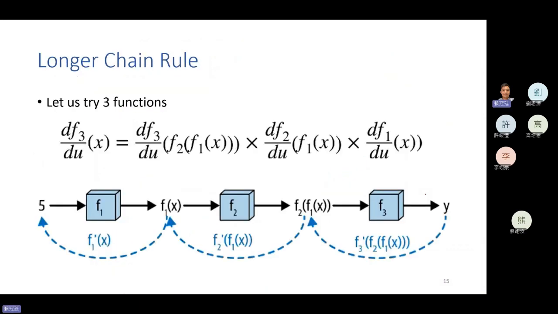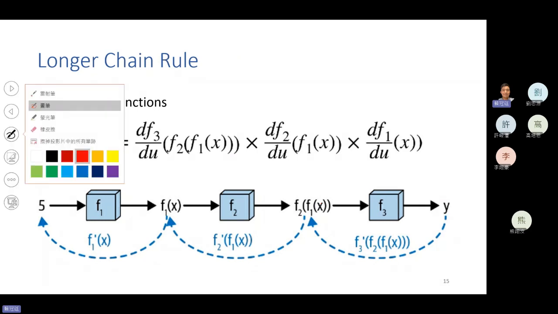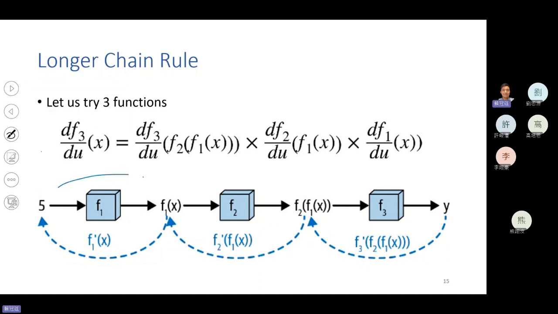So how about we implement a longer chain rule function? Suppose we have three functions: f1, f2, and f3. Again, we can use the chain rule. We first do the forward calculation. We calculate f1 and then f2 of f1, and then f3 of f2 of f1.